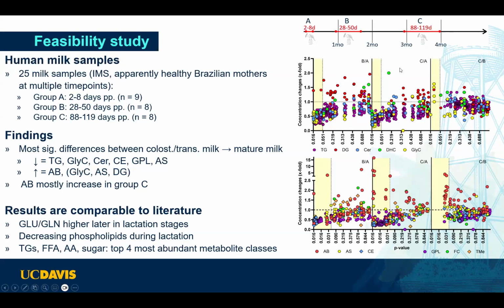And we could have 3 different graphs in each, and we could compare group B to group A, group C to group A, so that's the further along sample, and then also the 2 mature milks to each other.